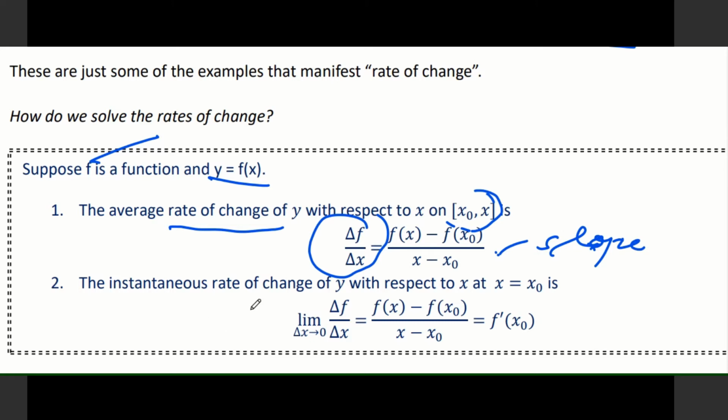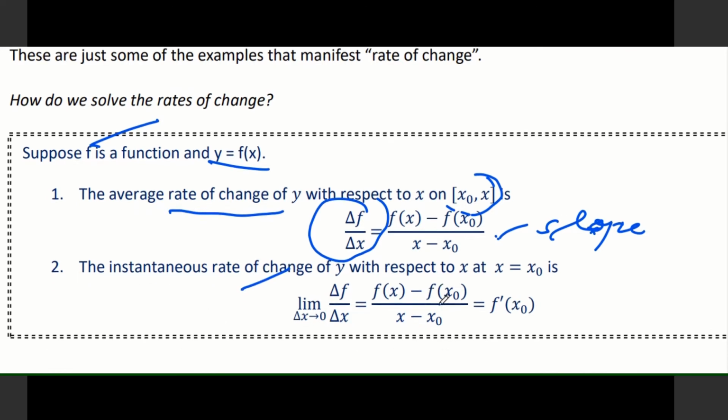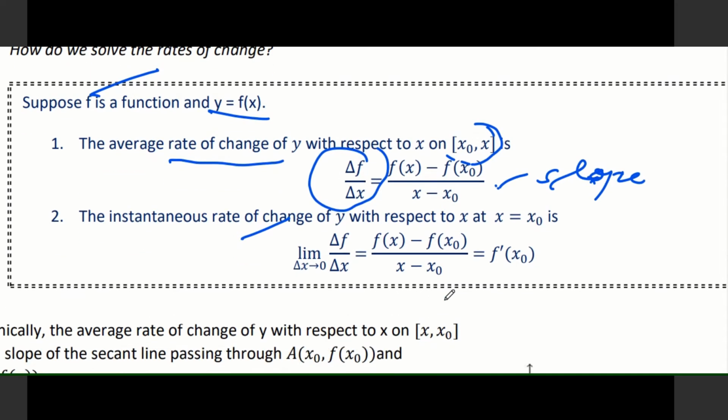Now the instantaneous rate of change of y with respect to x at x equal to x sub 0 is simply, so when we say instantaneous rate of change, what we are looking for here is the derivative. Okay? This one is for the derivative. However, when we are looking for the average rate of change, we are just substituting that value x in the interval.